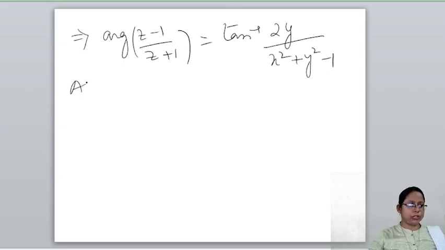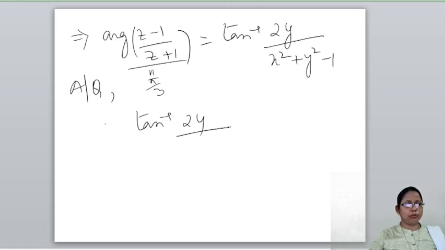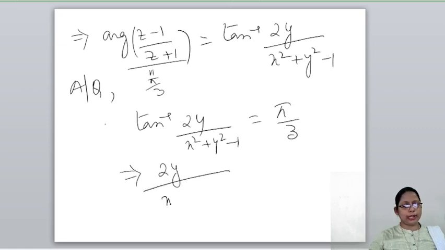According to the question, this is equal to pi by 3. So tan inverse of 2y by (x square plus y square minus 1) is equal to pi by 3. This implies 2y by (x square plus y square minus 1) is tan pi by 3.